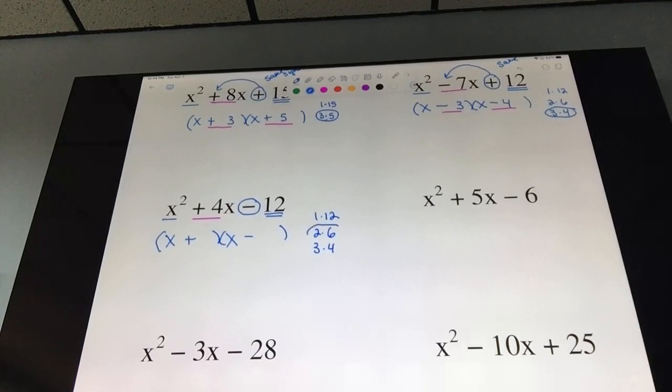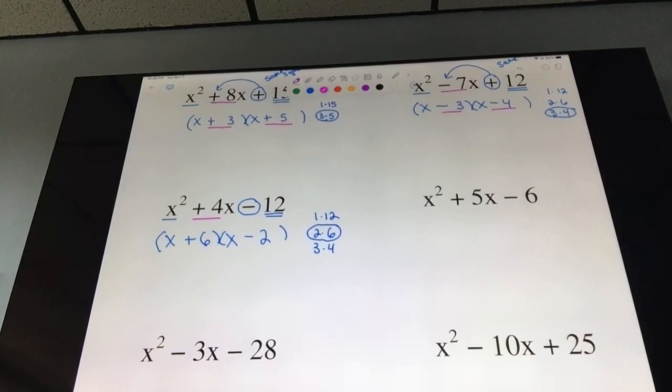2 and 6. Okay. Now I want to get +4. So which number do I put with the plus? The 6 or the 2? The 6. So I want +4, so I'm going to put the bigger number with the positive, with the plus.